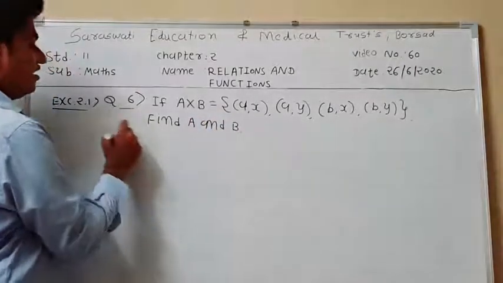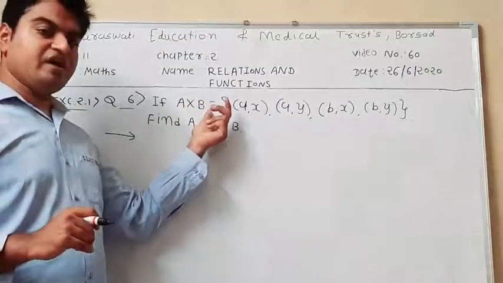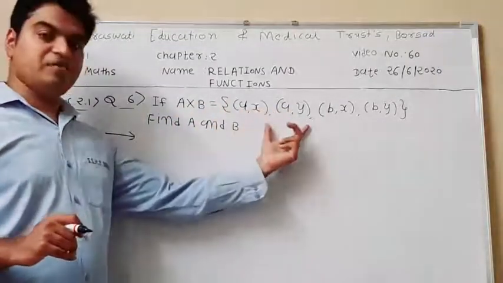So again here apply a similar method. Here the Cartesian product A × B, that means the ordered pairs are given.